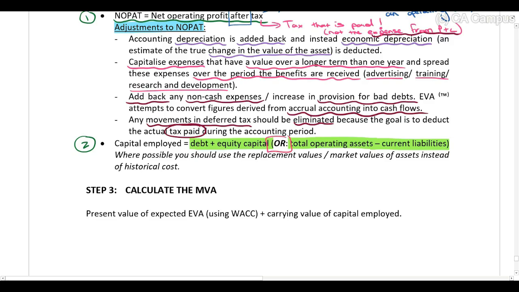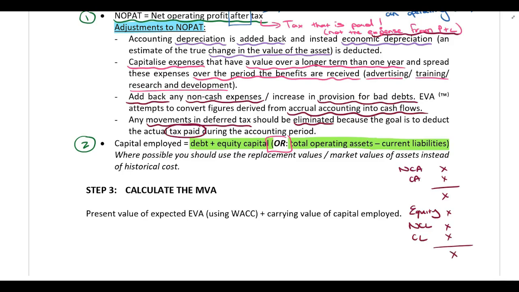So let me quickly explain this in a bit more detail. If we look at a simple statement of financial position, we have non-current assets, we have current assets giving us total assets. We then have equity, non-current liabilities, and current liabilities.